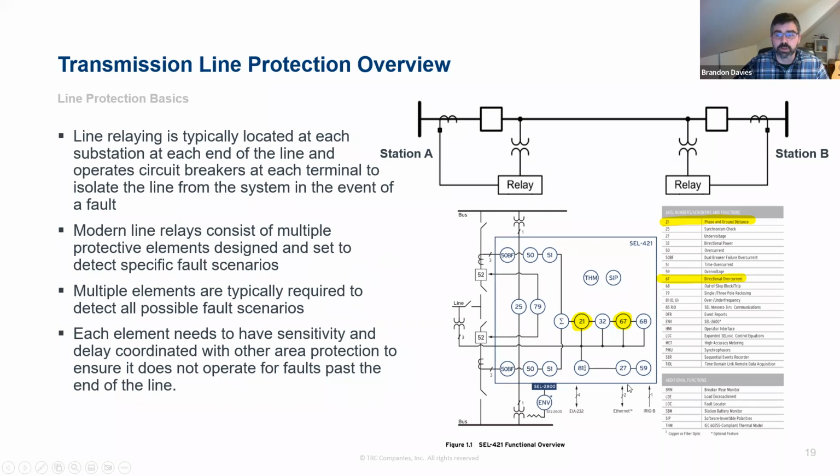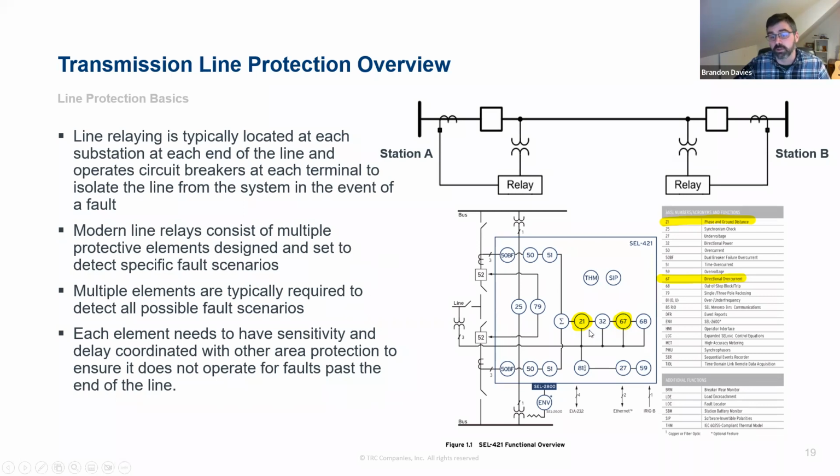So when you look at a line relay, so it's a Schweitzer 421 transmission line relay, which is a very commonly applied relay, it's got a whole lot of stuff in it. But generally, we're going to pick and choose what we need for that specific application.